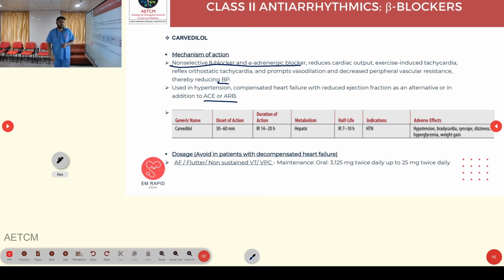The onset of action is around 30 to 60 minutes, duration of action is 14 to 20 hours, with hepatic metabolism, and it can cause side effects similar to other beta blockers. Dosage-wise, in AF, flutter, or non-sustained VT or VPC it is rarely used. The oral maintenance dose is 3.125 mg BD up to 25 mg BD.